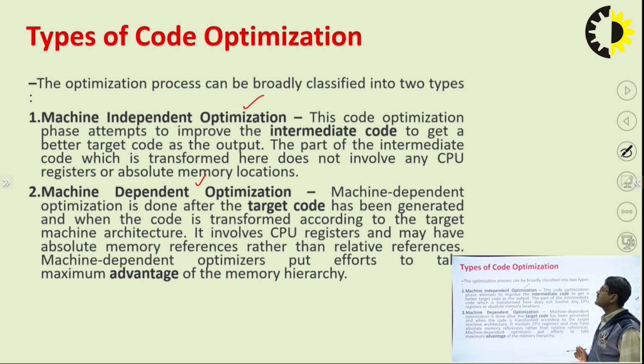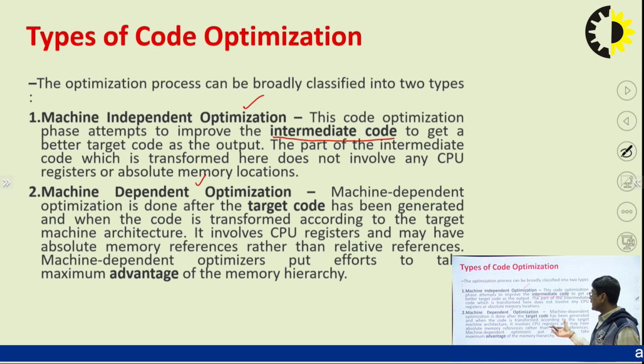If we are talking about machine independent optimization, this code optimization phase attempts to improve the intermediate code, because machine independent optimization works after intermediate code generation. Machine dependent optimization works after the code generation phase.